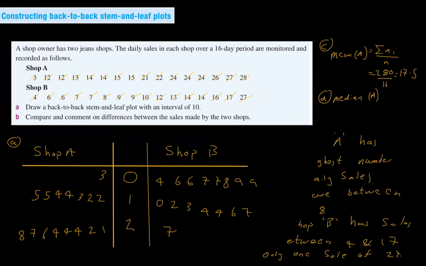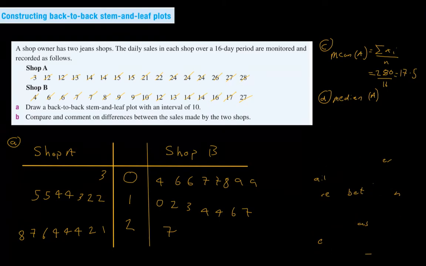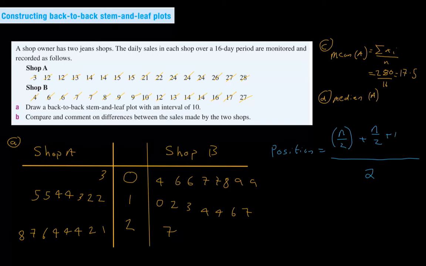So let's figure out how we're going to work out the median. This time we've got an even number of data values. So the position is going to be the average between n over 2 and n over 2 plus 1.